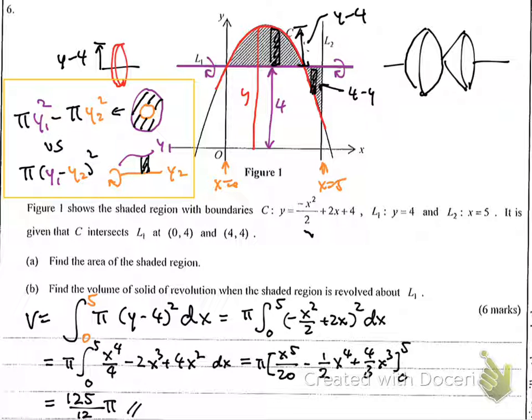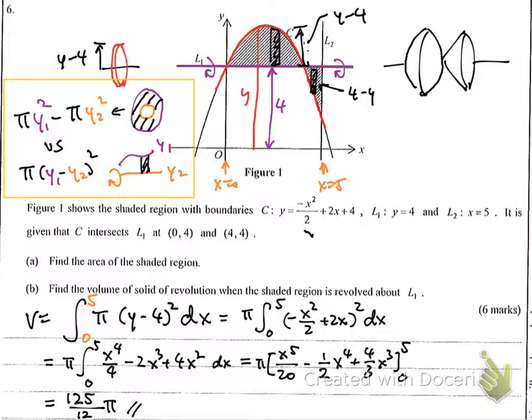So this is the end of the investigation on finding volume of revolution. Now there are some past paper questions, in particular the questions from 2014 and the practice paper question. Some of these questions use the shell method.